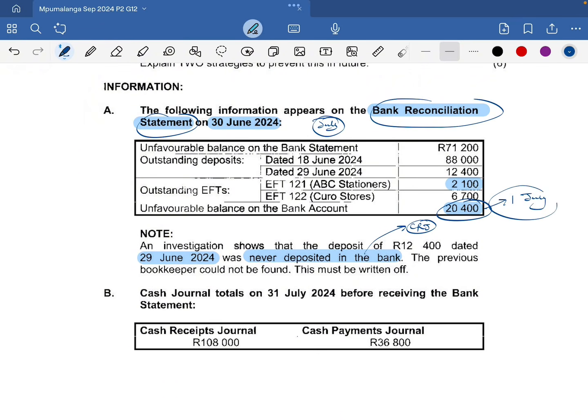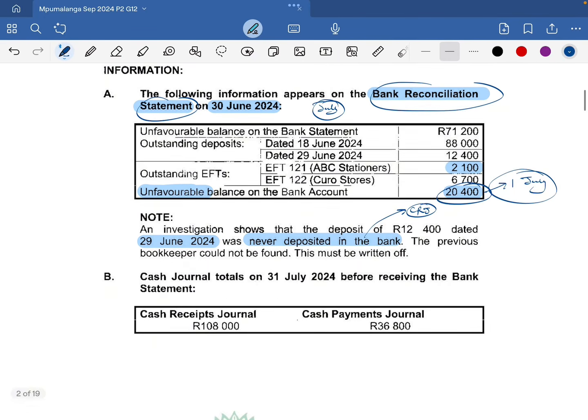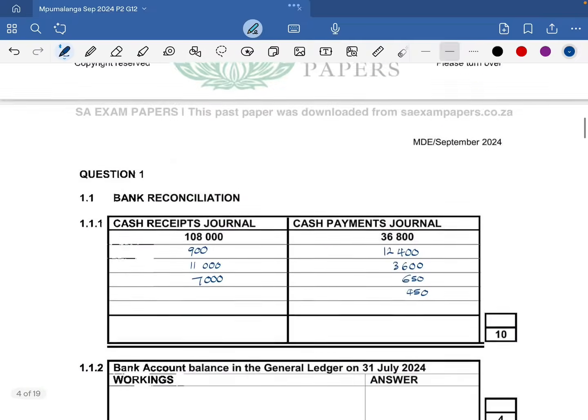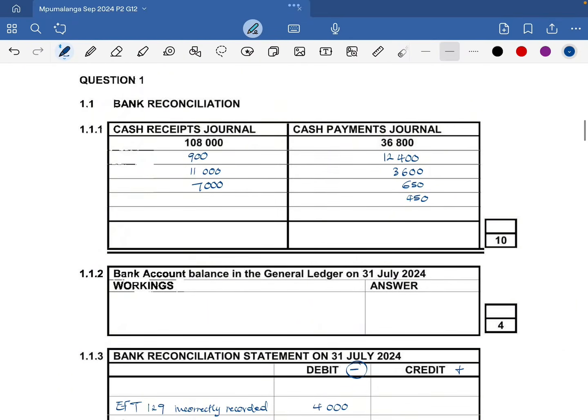So when we opened our account, that's 20,400 what we had in our bank. It's unfavorable, it's a minus. This is very important, unfavorable balance. Okay, and then we're going to quickly sum up these. So we are going to have the 108,900 plus 11,000 plus 7,000.